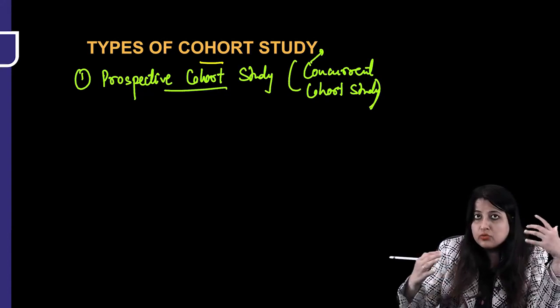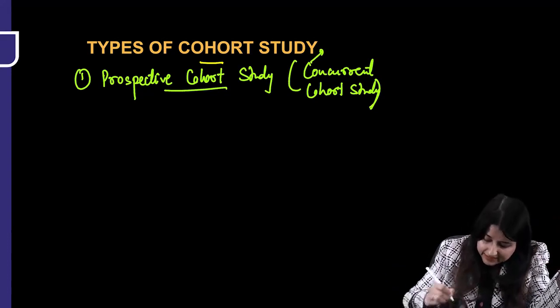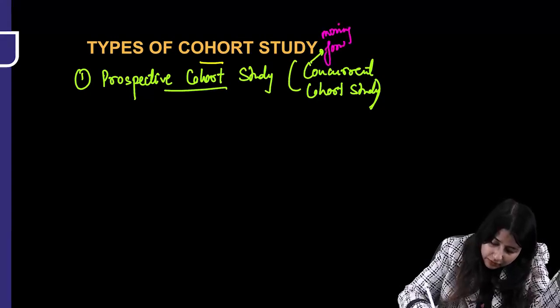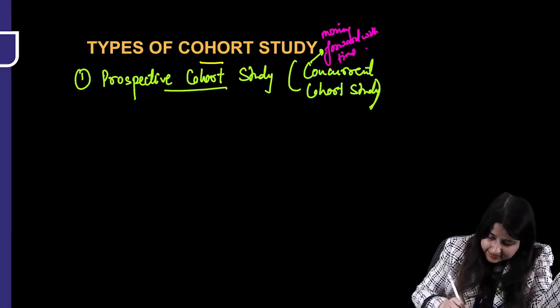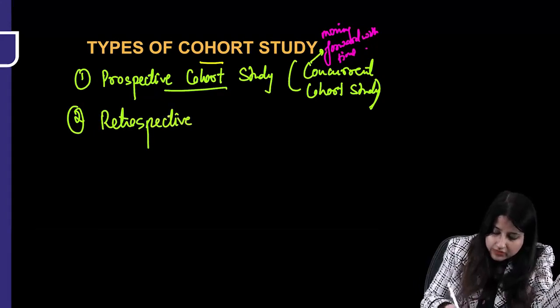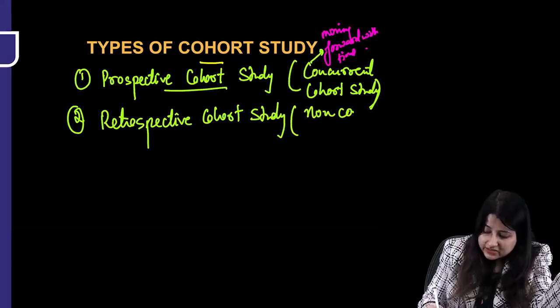Concurrent, for those who forget or want an understanding, simply means we are moving forward with time. All right, the second one is what? A retrospective cohort study, which we will be studying right now. Retrospective cohort is also known as a non-concurrent study.